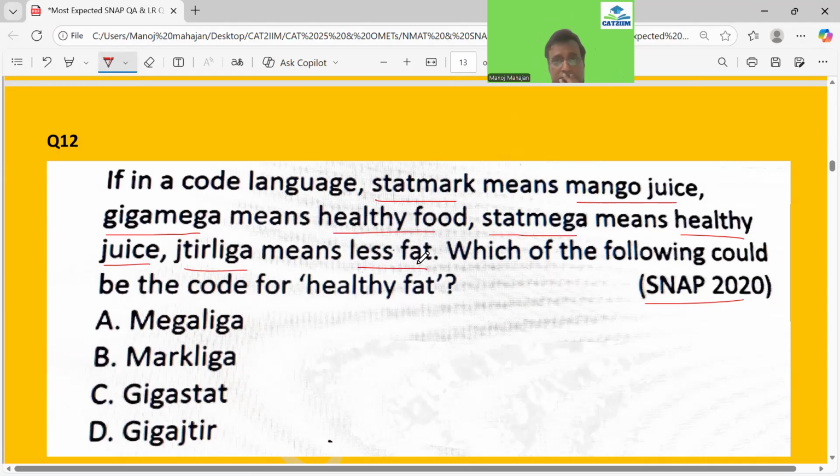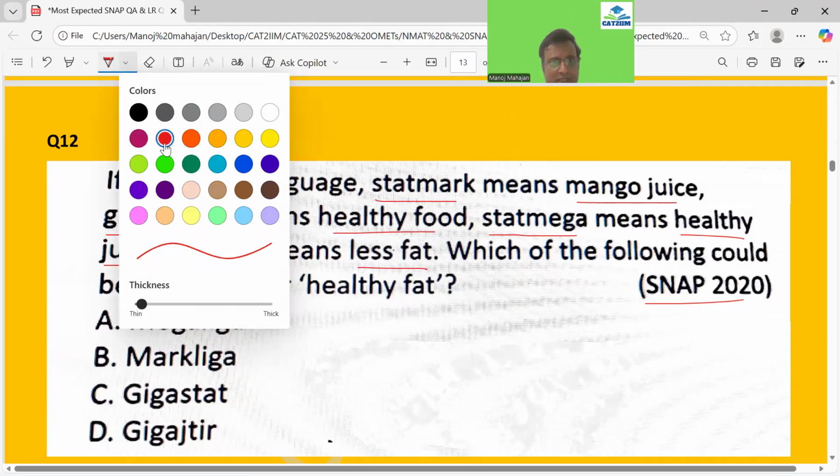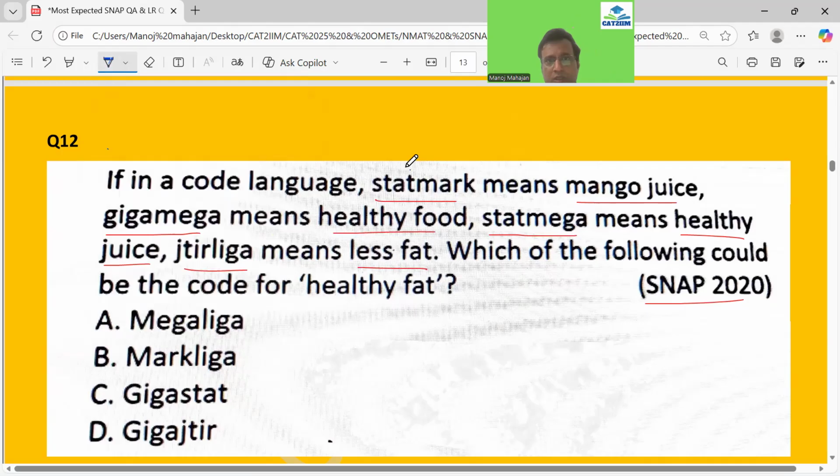So what you need to do is look for the common words. Just try to understand. We had stat over here and stat over here, so stat is common out here.